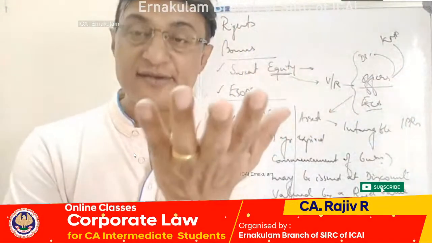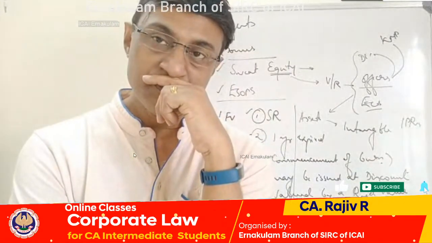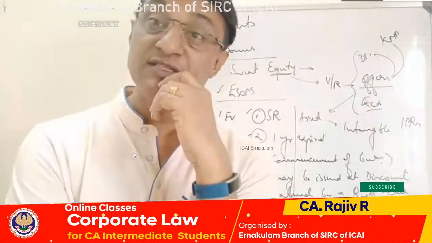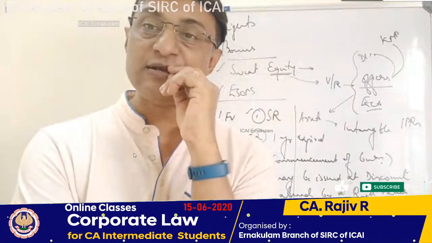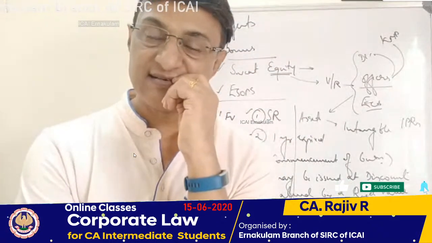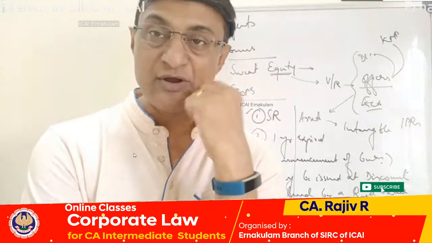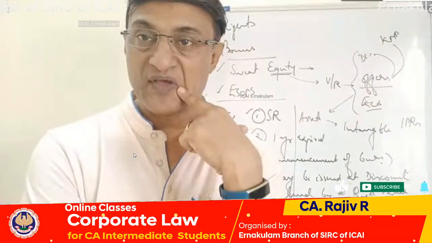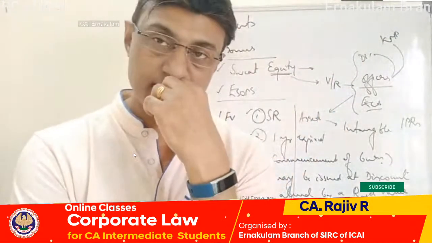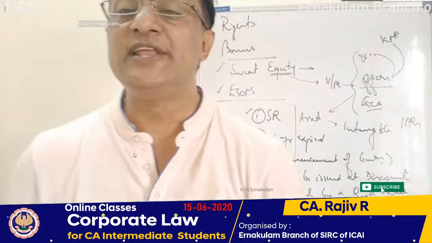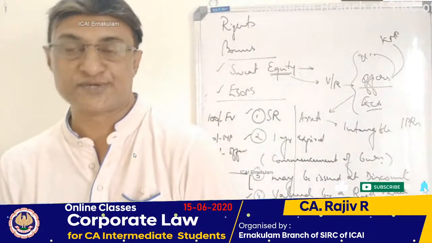Remember, in my hexagon, the employees are actually outsiders. So it might be a director, a KMP, or an employee who is intelligent. Such geniuses, in order to retain their intellectual products, a company issues sweat equity shares, and that may be allowed at a discount.